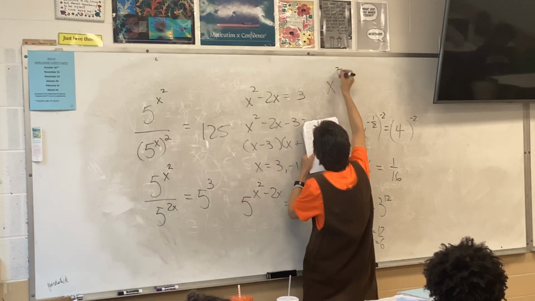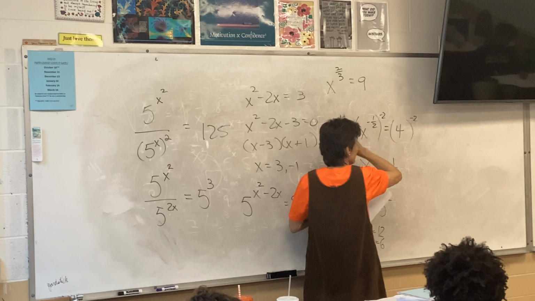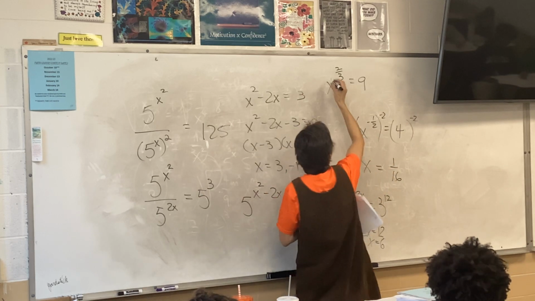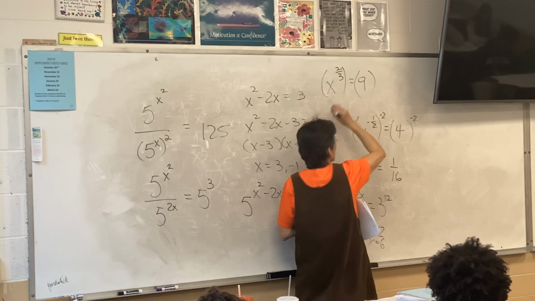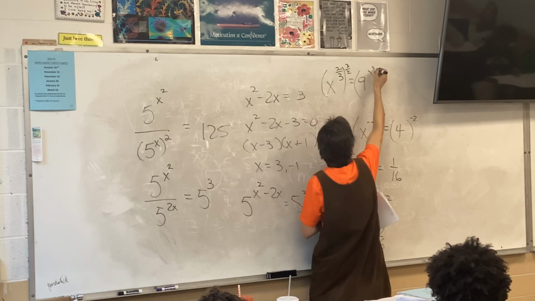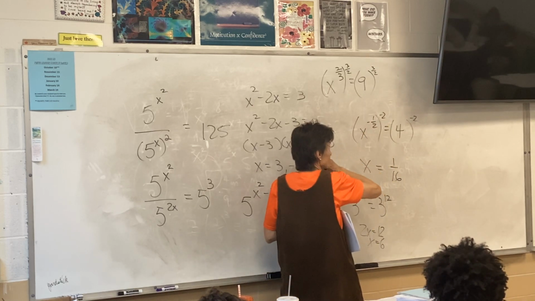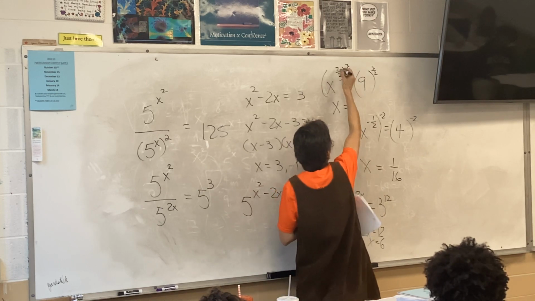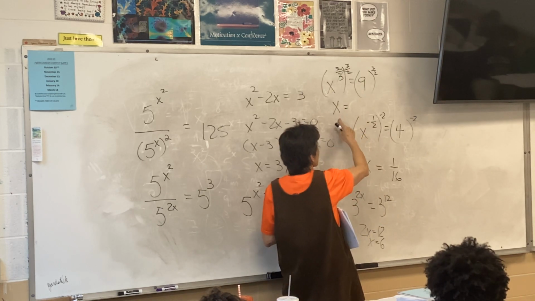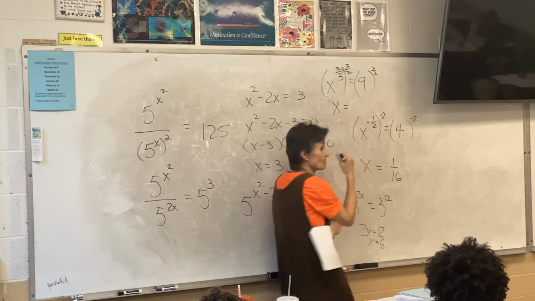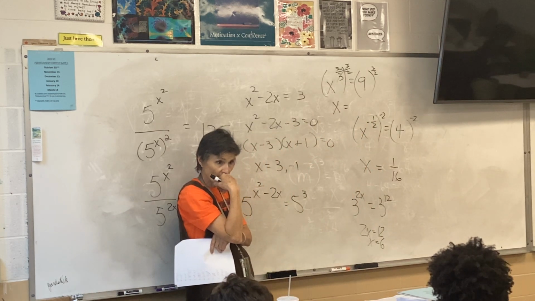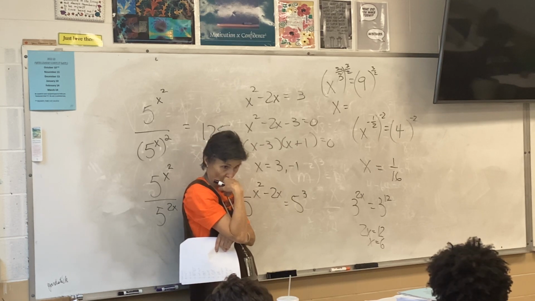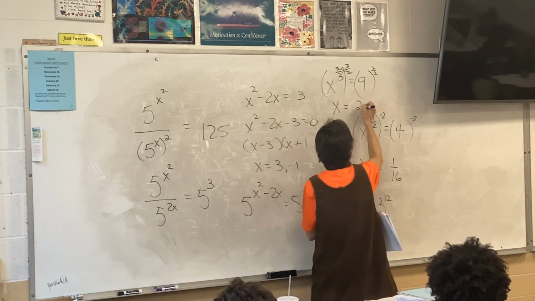Finally, x to the 2/3 equals 9. We're gonna raise both sides to the 3/2. So this all cancels, so x equals 9 to the 3/2, which is the square root of 9 cubed, which is 27.